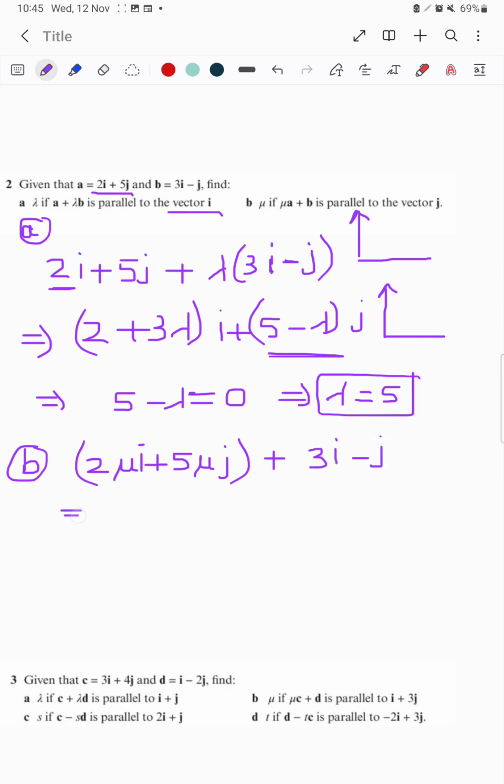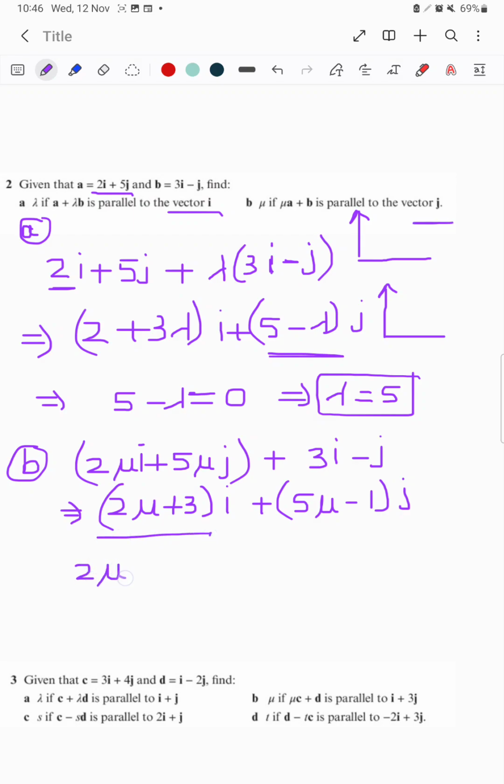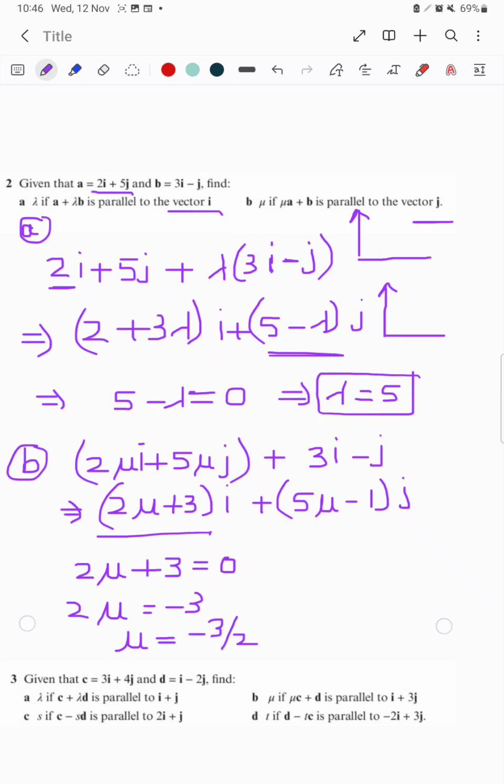If I combine the components, it will be 2 mu plus 3 i and 5 mu minus 1 j. Now here they said it is parallel to the j vector, so that means the i component will be 0. So 2 mu plus 3 is equal to 0, and 2 mu is equal to negative 3. So mu will be equal to negative 3 over 2.